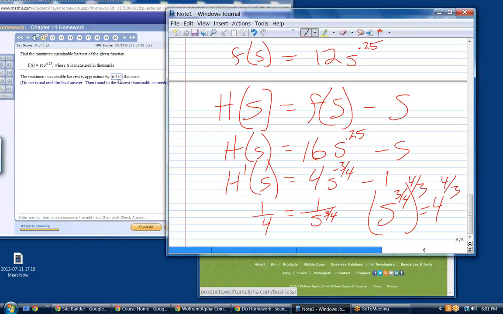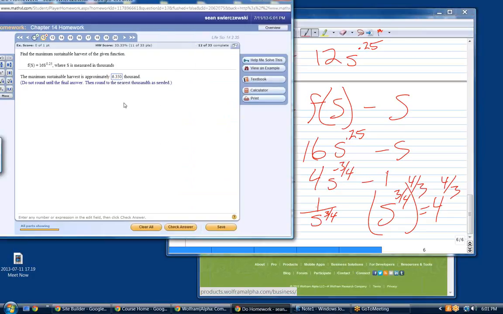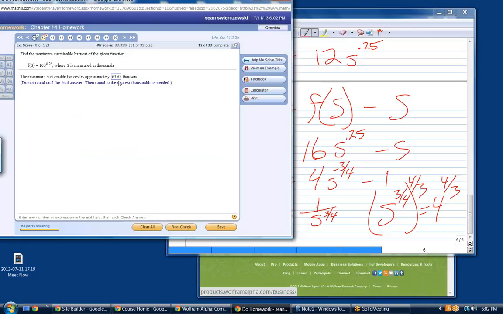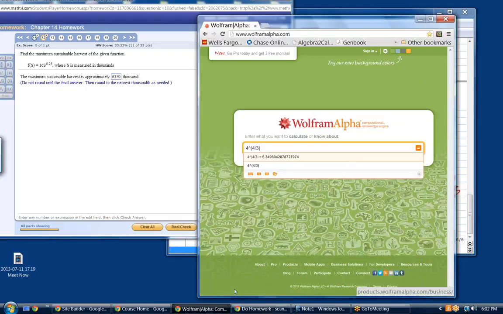Yeah, because you did a decimal. I did do a decimal. I don't want that decimal, huh? No, S is measured in thousands already, so I want that decimal.